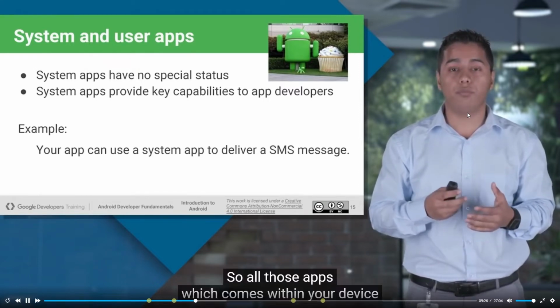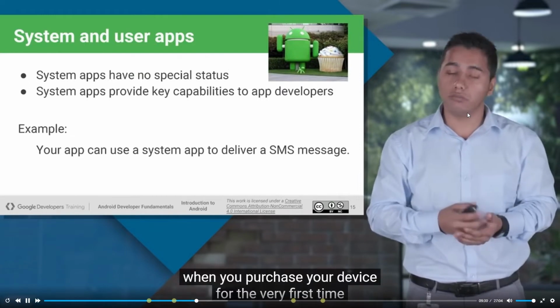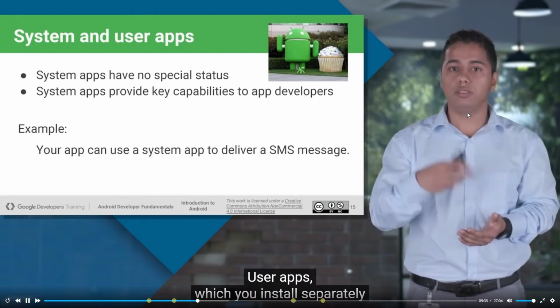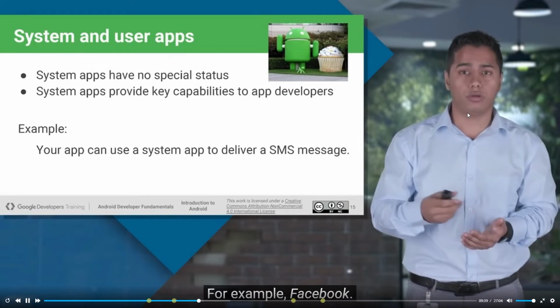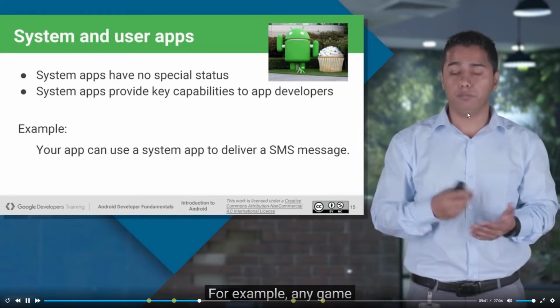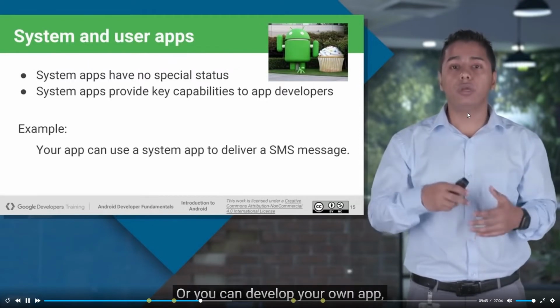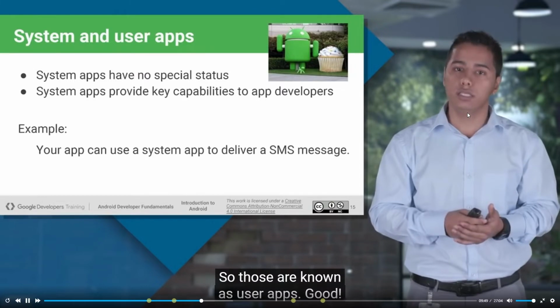All those apps which come with your device when you purchase it for the very first time are known as system apps. User apps are the ones you install separately from your Google Play Store. For example, WhatsApp, Facebook, or any game which you install from the Google Play Store, or you can develop your own app and install it on your device also. Those are known as user apps.